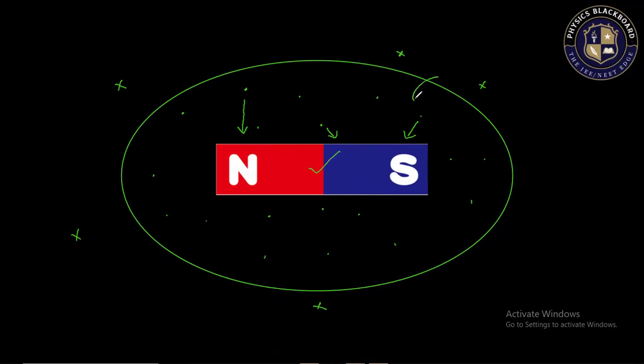Beyond this region, the magnetic force cannot be felt. So we call this region or space the magnetic field. The region where the magnetic effect can be felt is said to be the magnetic field.